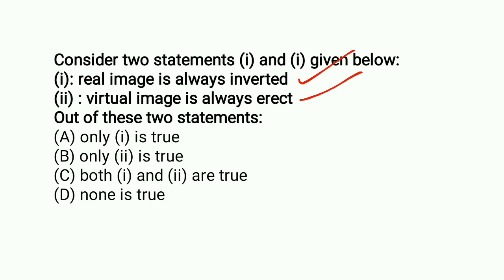Option A, only one is true? No. Here both statements 1 and 2 are true. So option C is the correct answer, because a real image is always inverted and a virtual image is always erect.